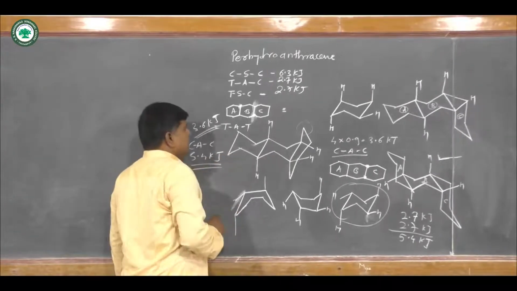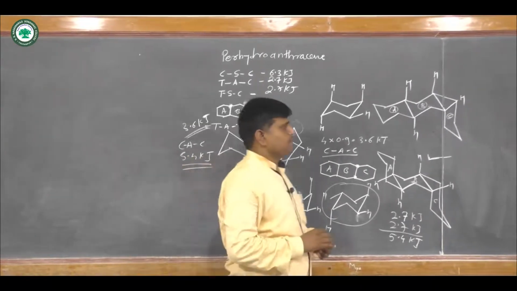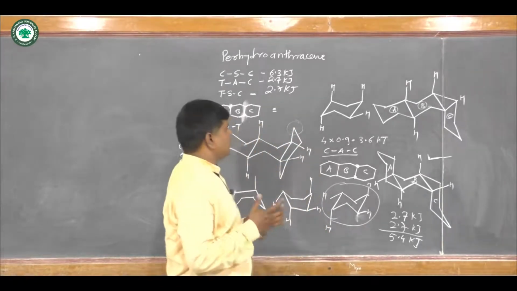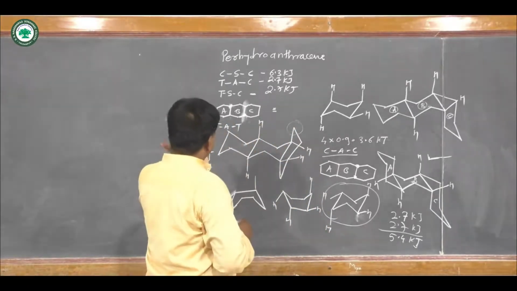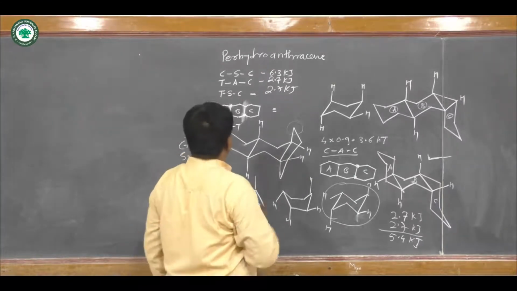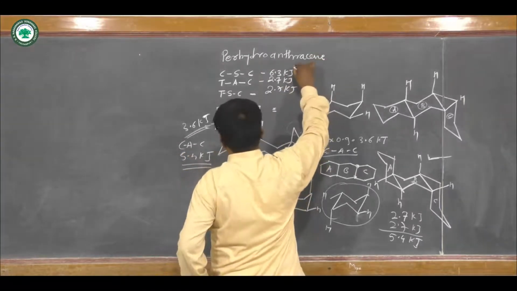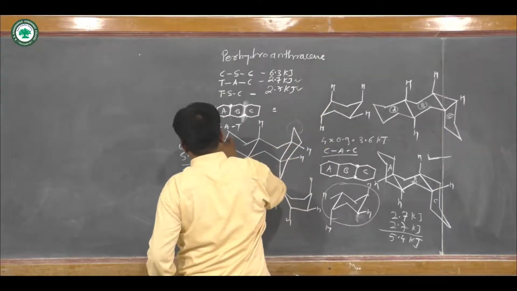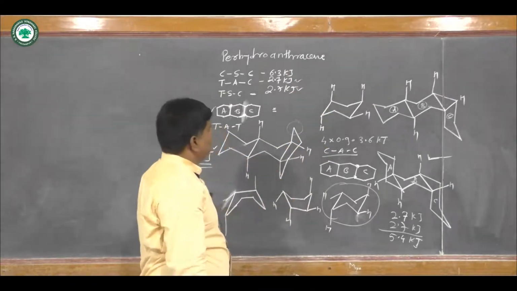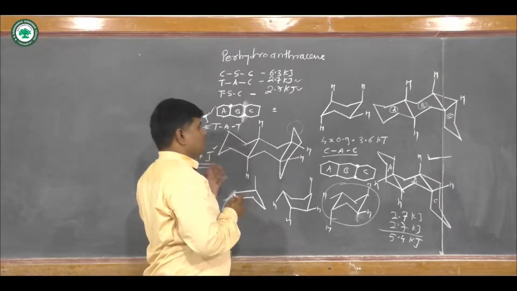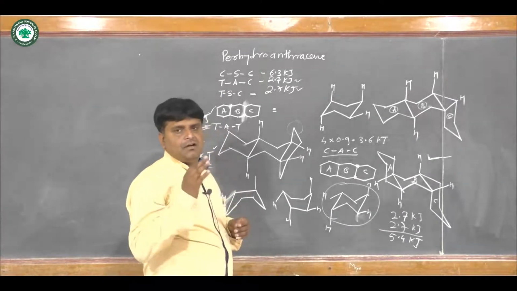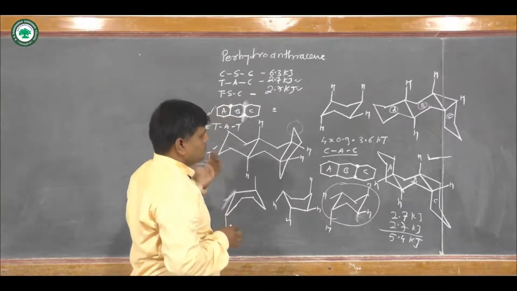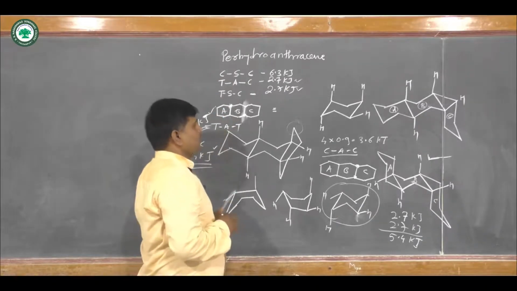So these are the 5 possibilities, and now we are going to discuss their stability. So here we have 6.3, 2.7, 3.6 and 5.4. We are going to sequence these 5 possible conformations of perhydroanthracene.